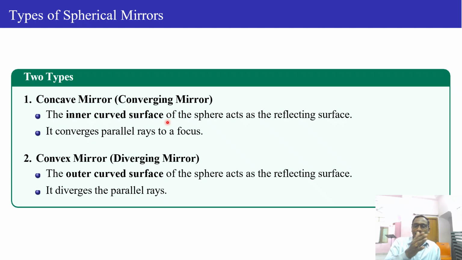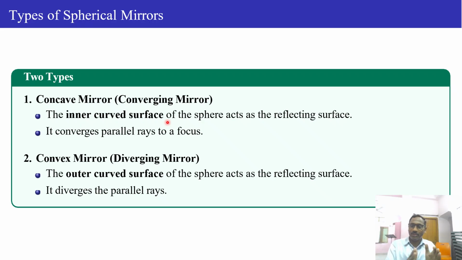So here, the inner curved surface of the sphere. You take a hollow glass sphere and cut it, so you get two parts, a bigger part and a smaller part.